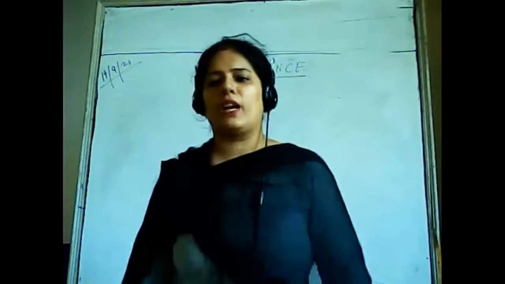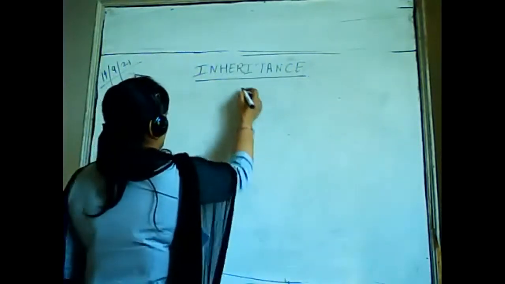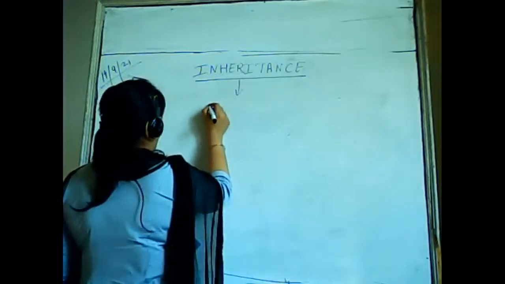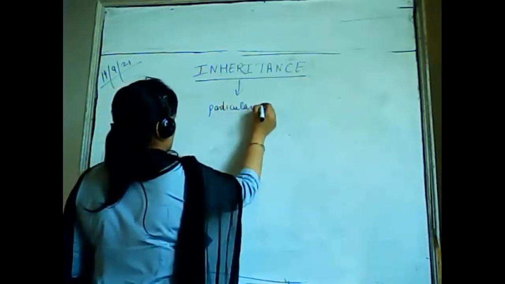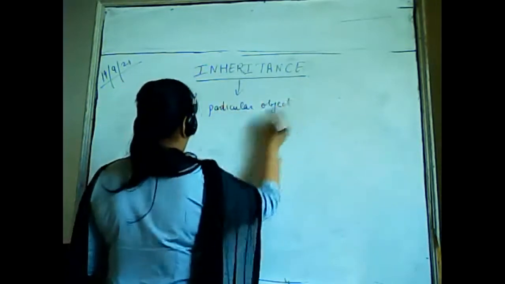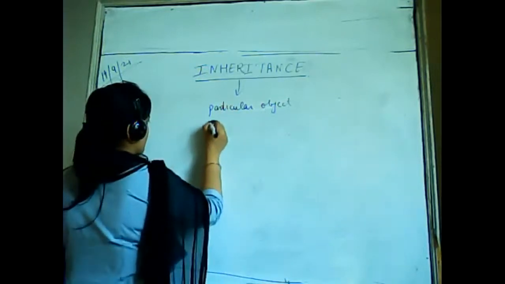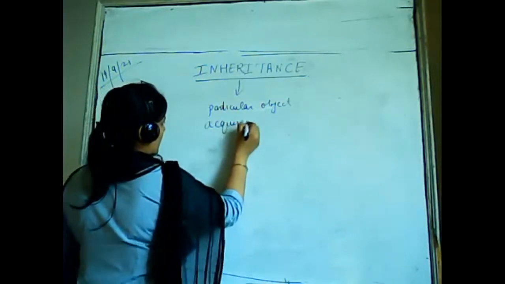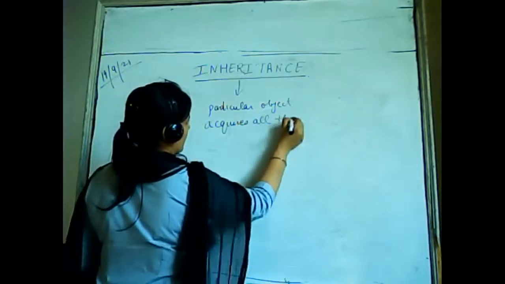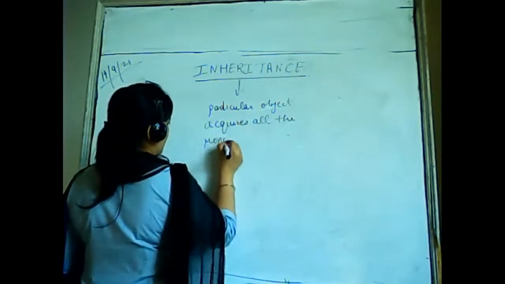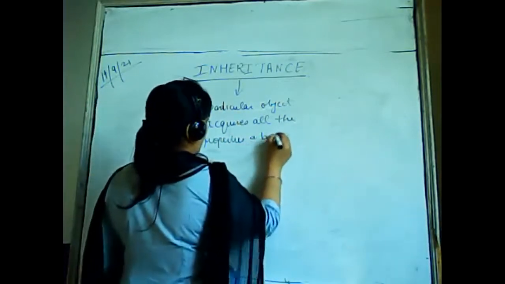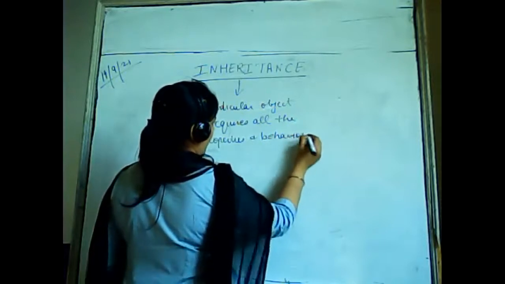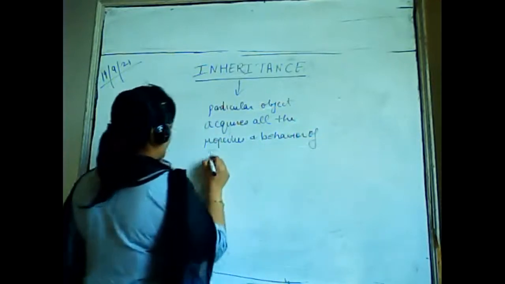So how we can define inheritance in case of Java is that this is a mechanism in which a particular object acquires all the properties and behavior of the parent object.